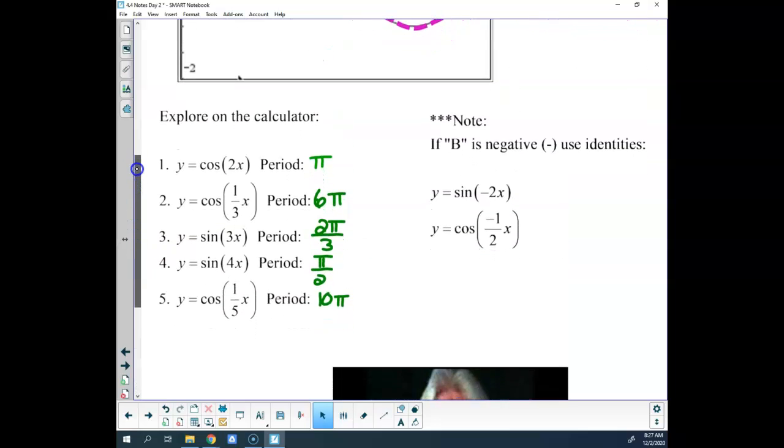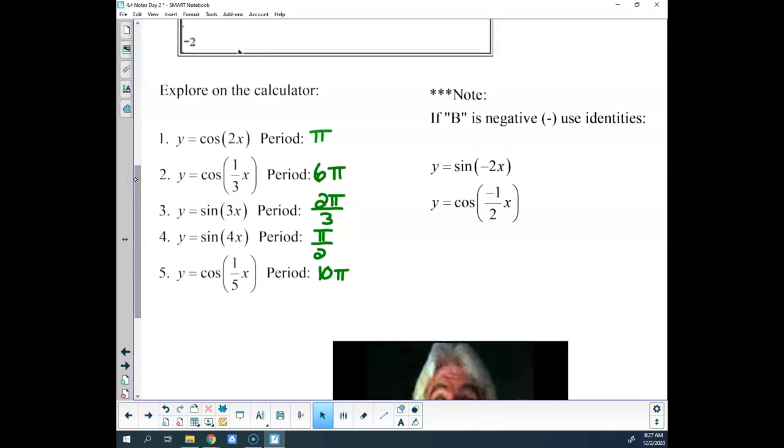Now, what happens if b is negative? Okay. Well, we all have our identities sheet, this pink sheet. And so we would use numbers 1 and 2 on there. So sine of negative 2x would be negative sine of 2x.